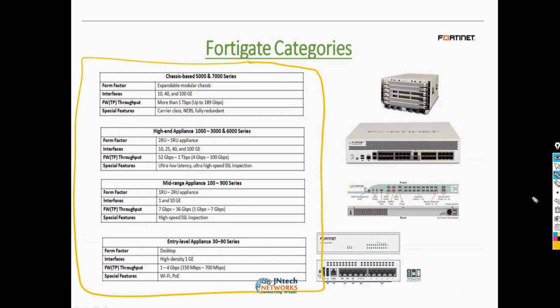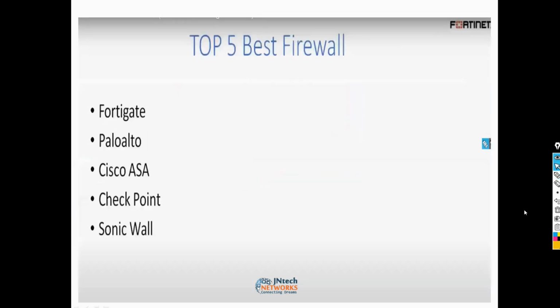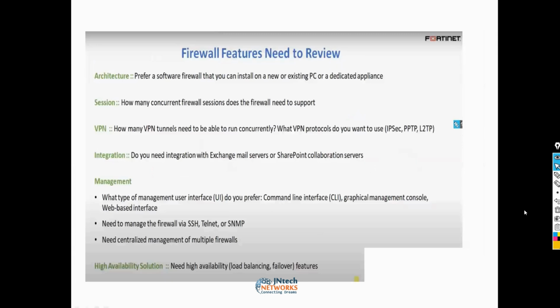Clear my point, everyone? Yes. My point is I cannot go with an entry-level firewall device in a big organization because, for example, Palo Alto 200 is an entry-level firewall device. It can support a maximum of 64,000 sessions.